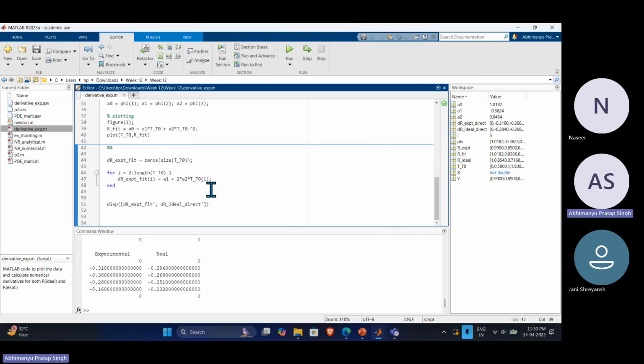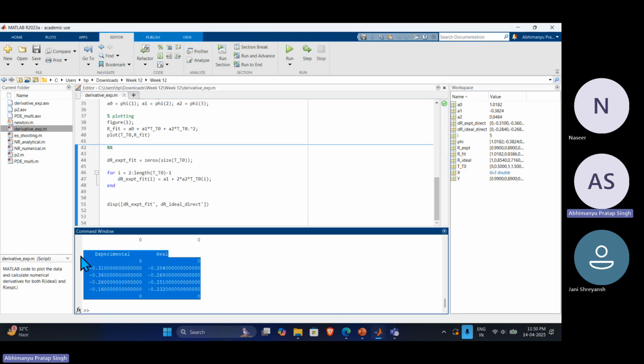So this is what we are doing over here. Since we have fitted a second order curve, we already know what our derivatives would be. It would be a naught plus 2 a2 t by t naught. Okay. That is what I have done over here. We are calculating our derivatives only at the given temperatures t by t naught, and then I am displaying the results. So these were the results that we were getting using the experimental data and the real data. Using the experimental data without the curve fitting.